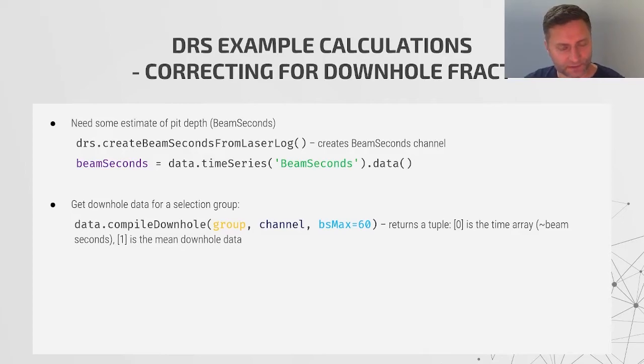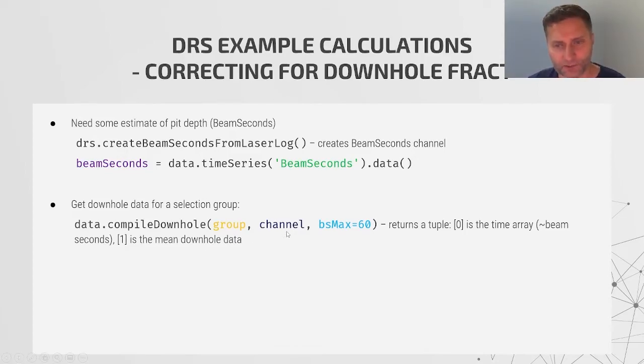And what this does is it will take all the selections within that group, line up all their beam seconds equals 0 start points, and average the downhole value for that channel for each measurement.